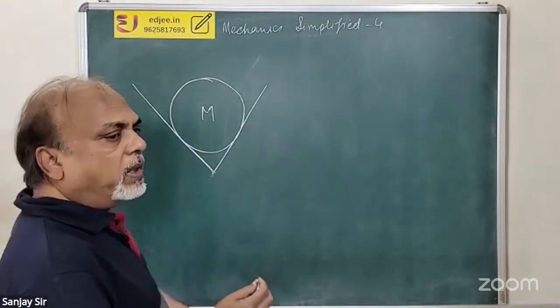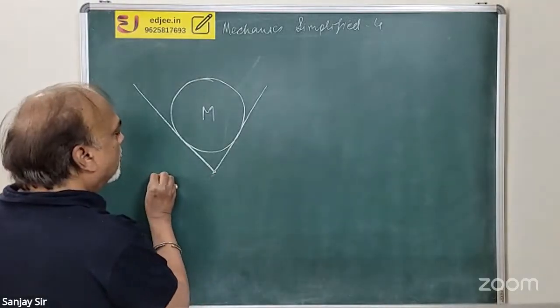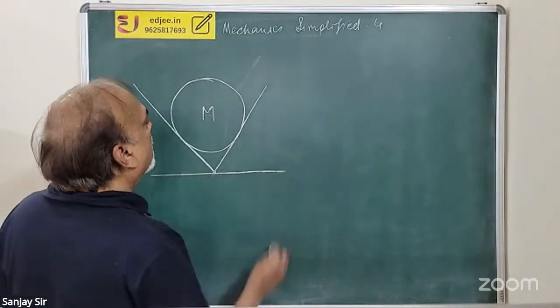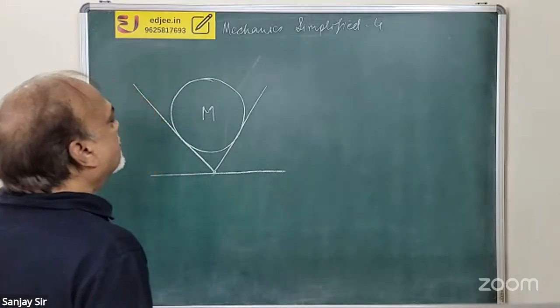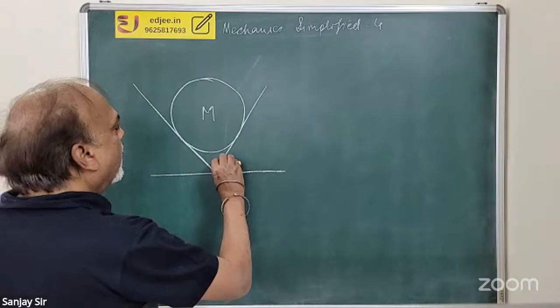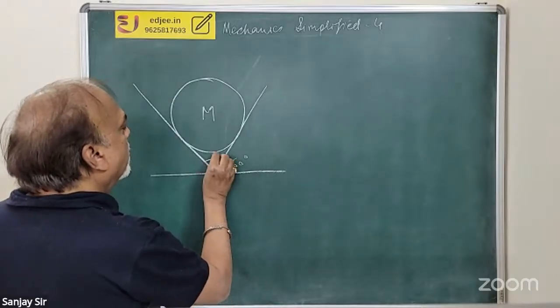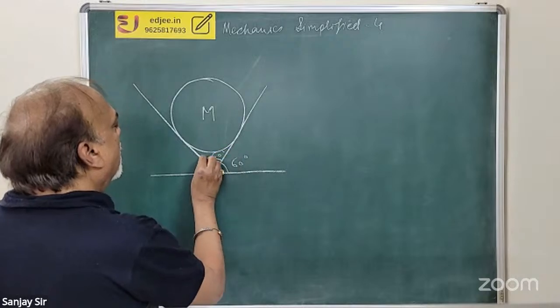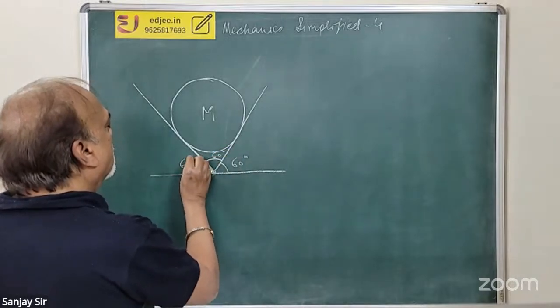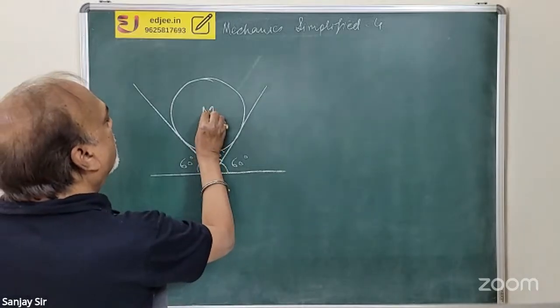Basically, if you see, this is your 60 degree, this is your 60 degree, and this is your 60 degree. Now, it has a center.